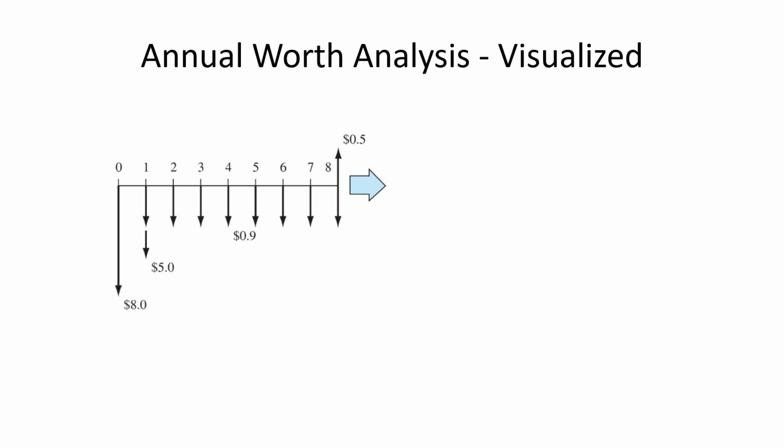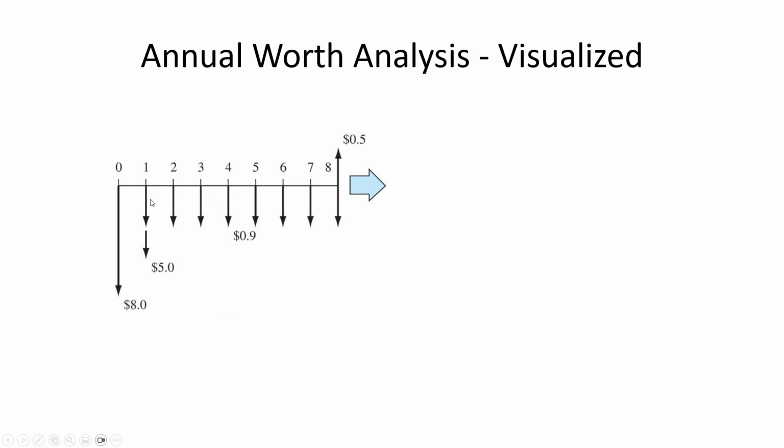So if you have two options and you just find out how much they would cost on an annual basis, then you can compare them directly without having to apply LCM, contract services, or early termination. So what annual worth analysis does is it says, take any amount that isn't already in an annual basis and convert it to a series of equal annual amounts that is economically equivalent.